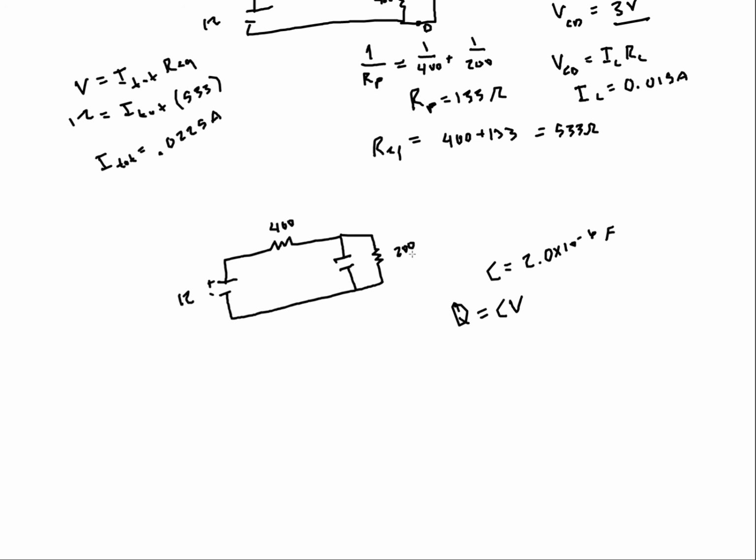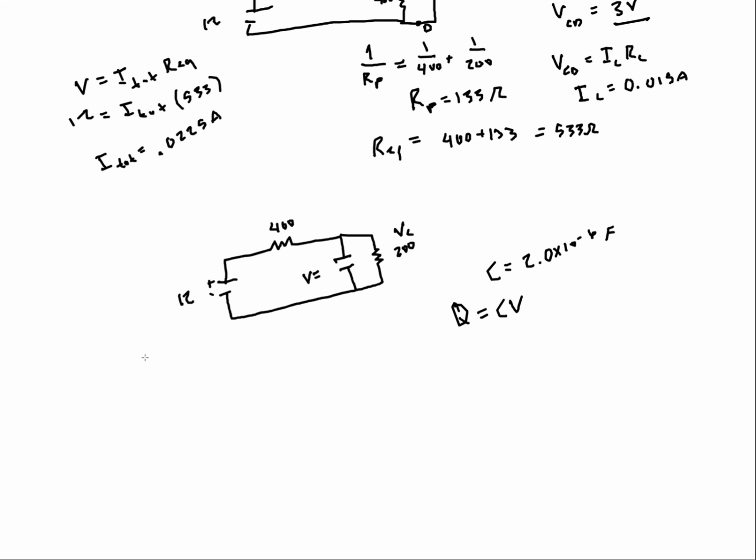So now we've got a whole new set of voltages across these resistors. The voltage at this capacitor is going to equal the voltage right here because these two are in parallel. So what I need to do is figure out what's the current being drawn. From that, I can figure out my voltage drop here and my voltage drop here.